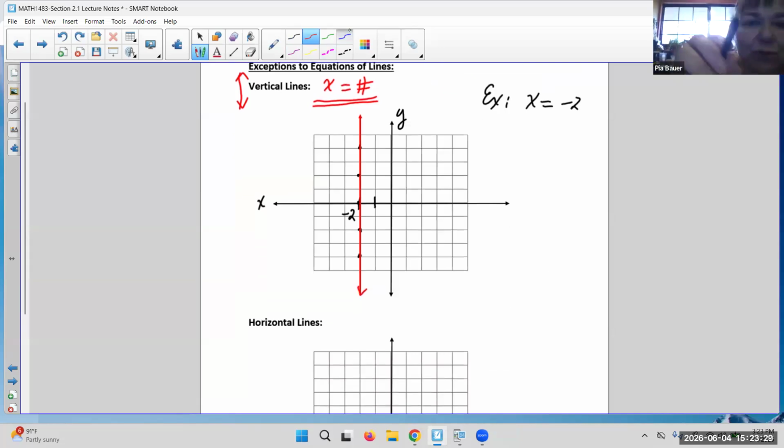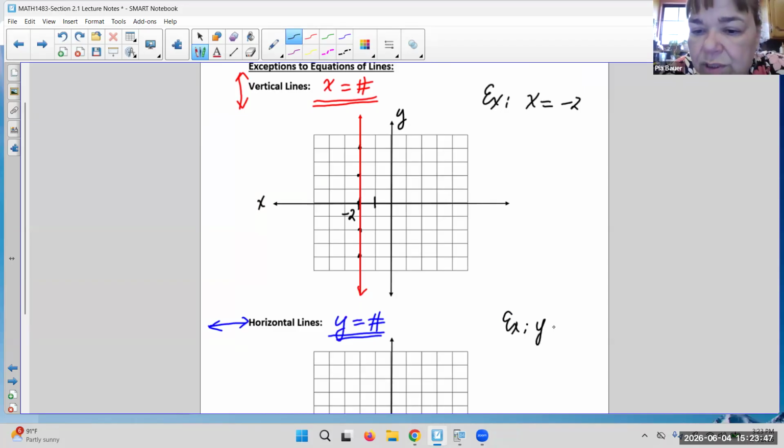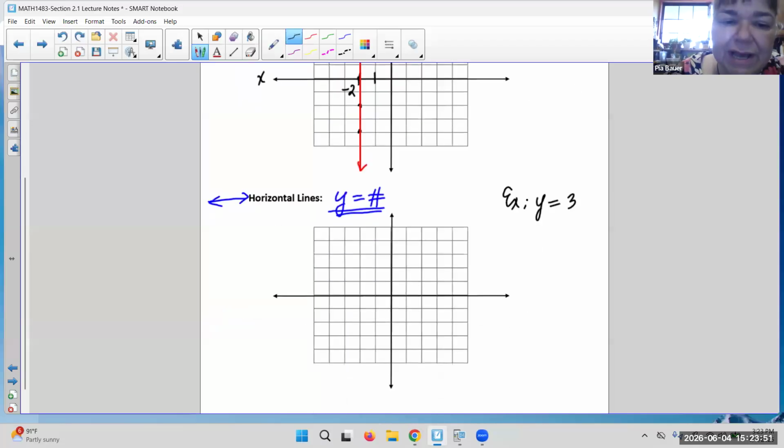The other exception to the rule is a horizontal line. That's like the horizon, so it goes to the right and to the left. That always has the form y equals a number. So an example would be something like y equals 3. So here is the x-axis, here is the y-axis. When I locate y equals 3, I see it right here.